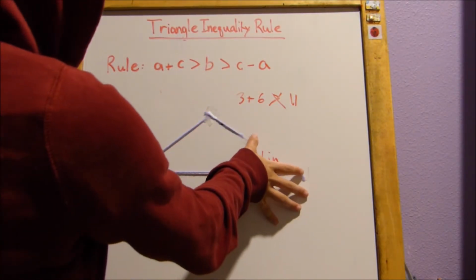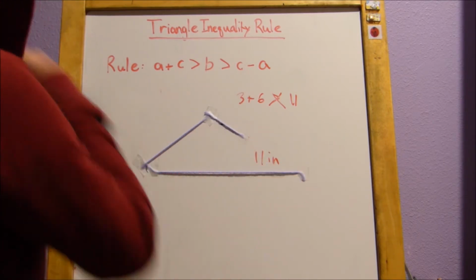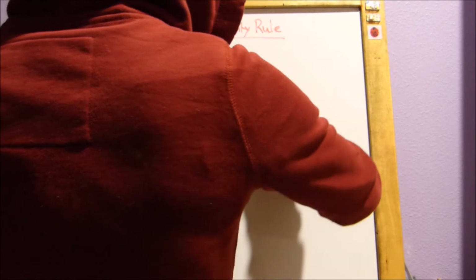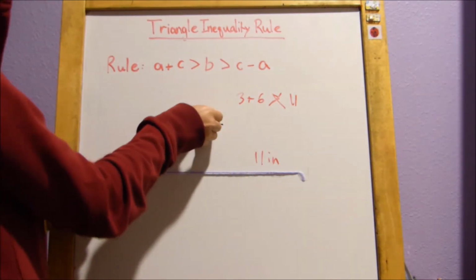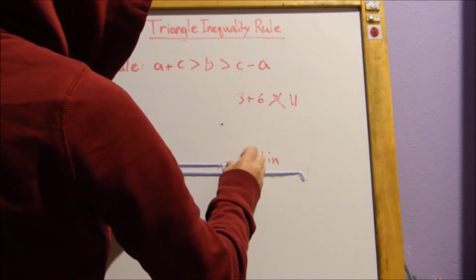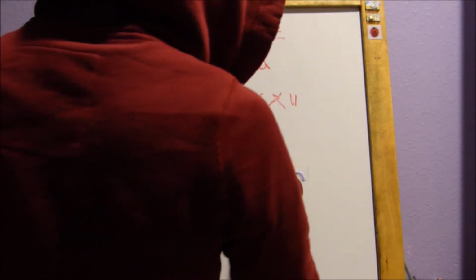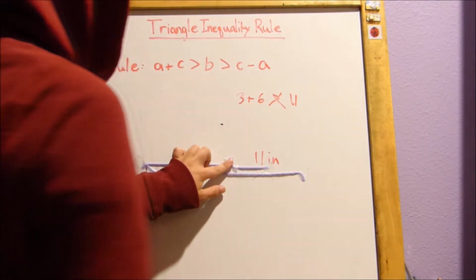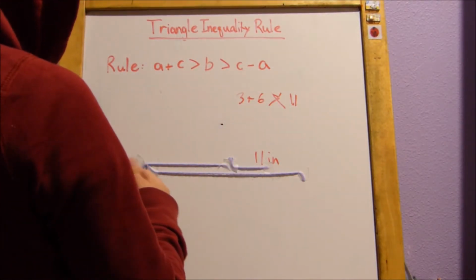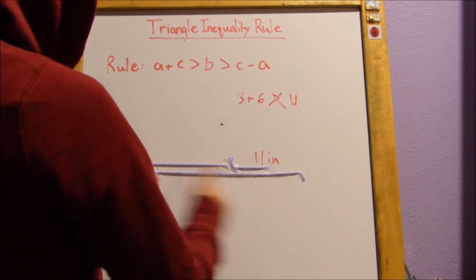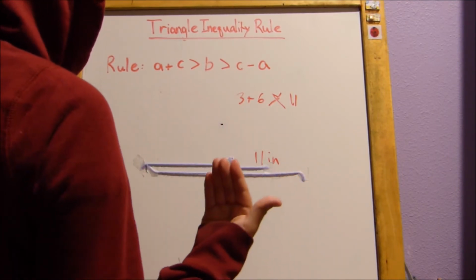There's this little chunk here where it just doesn't end. And even if I were to reposition it so that it would lay over each other, 3 plus 6 is 9, and 9 is not greater than 11. So it wouldn't even lay over each other. There would still be this gap. There's no way to make this triangle work.